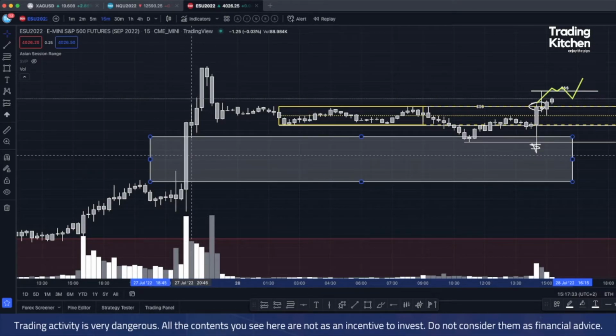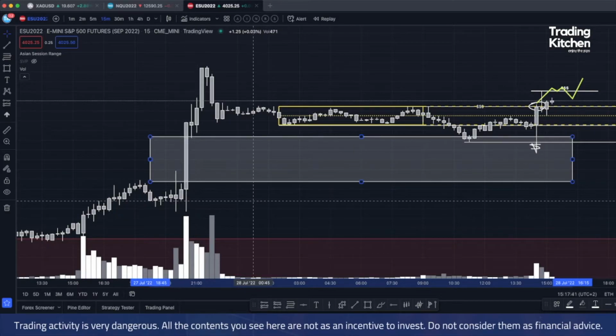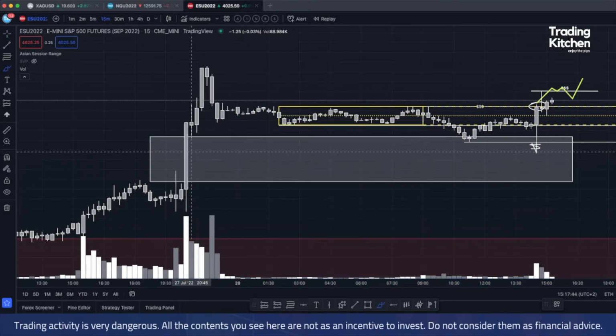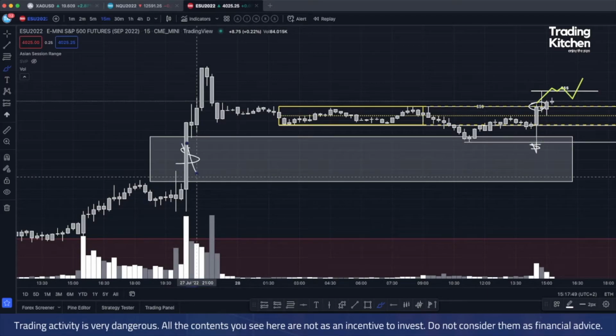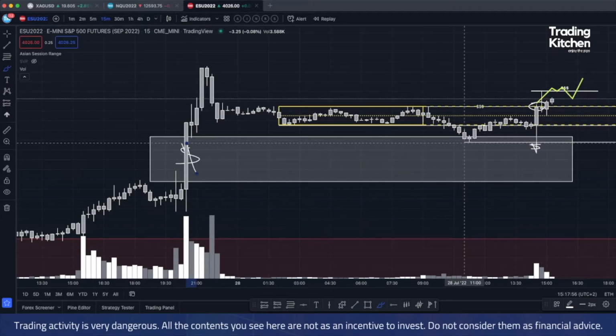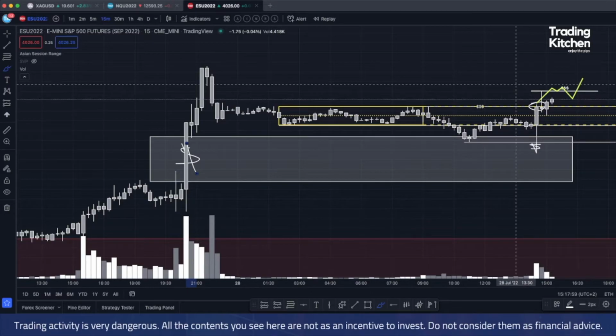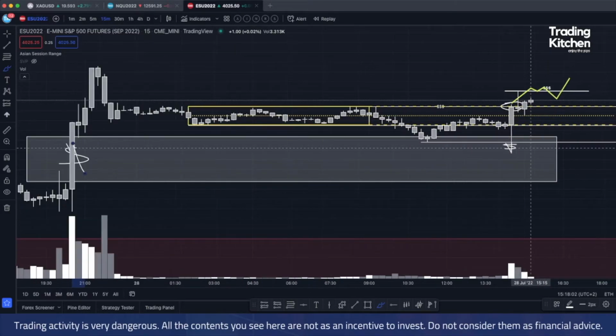There is only this gap. Okay, so it means that here there are a lot of unmitigated orders. Okay, and the reason why here we have one reaction and here we have the second reaction means that price is going to get all these orders.